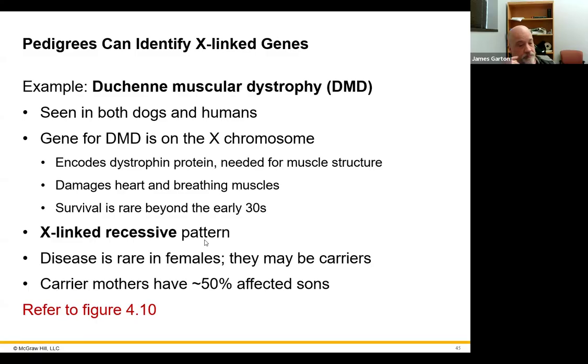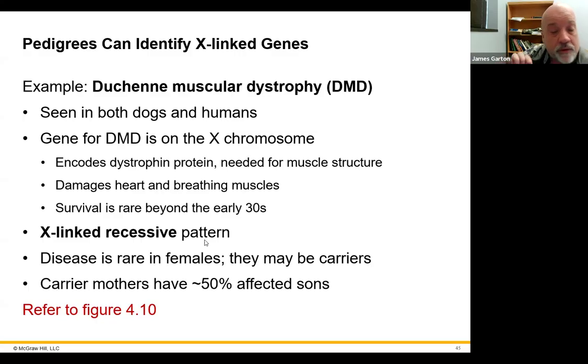And this disease has been studied for pedigrees, and a few things are common, especially for an X-linked recessive disorder. If you look at the pedigree as a whole, the disease is very rare in females. It doesn't mean it never exists. It just means it's rare.